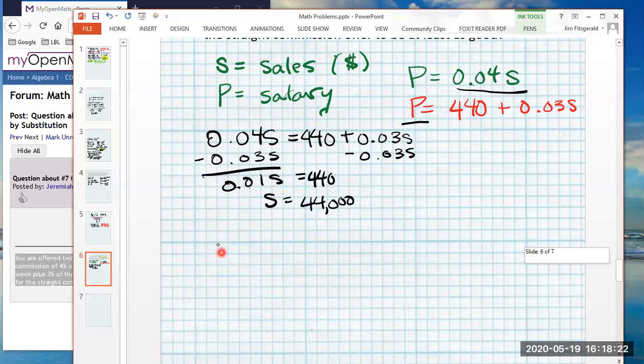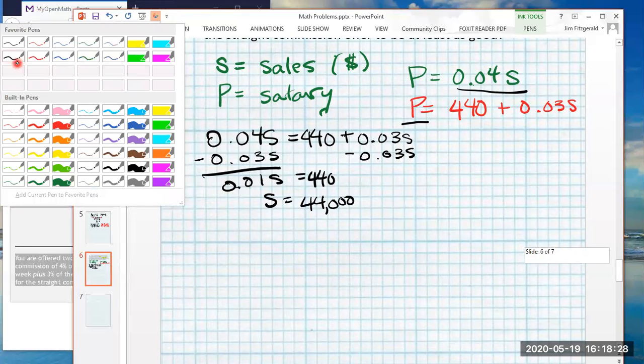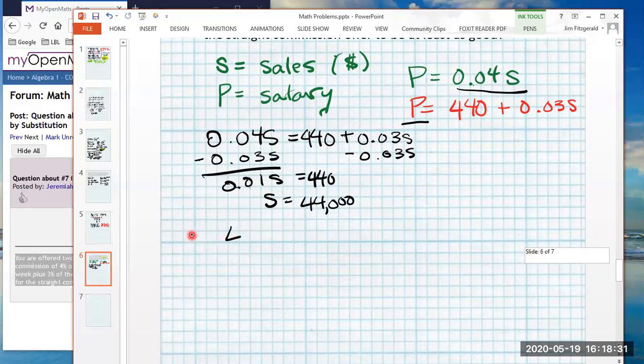So I'm going to say P is equal to 0.04 times $44,000. That's a little bit better.